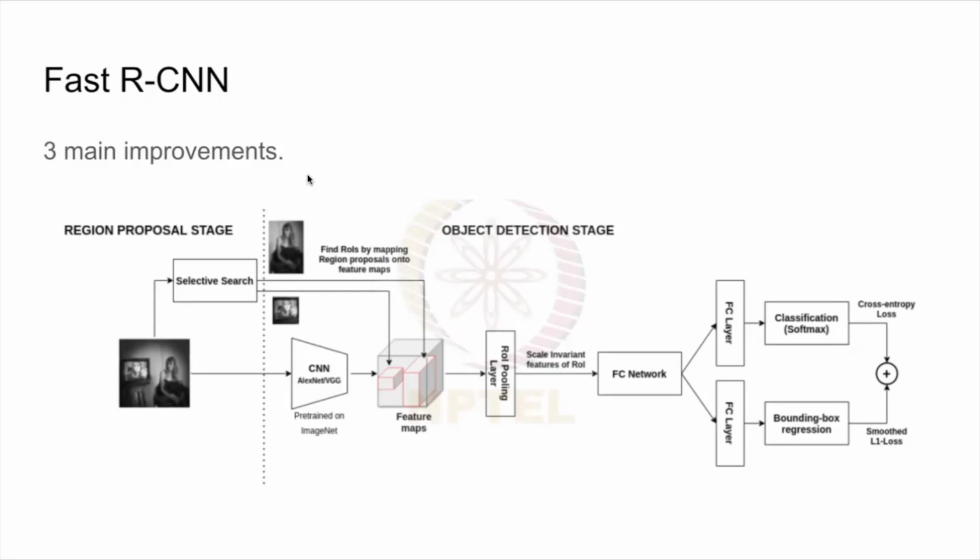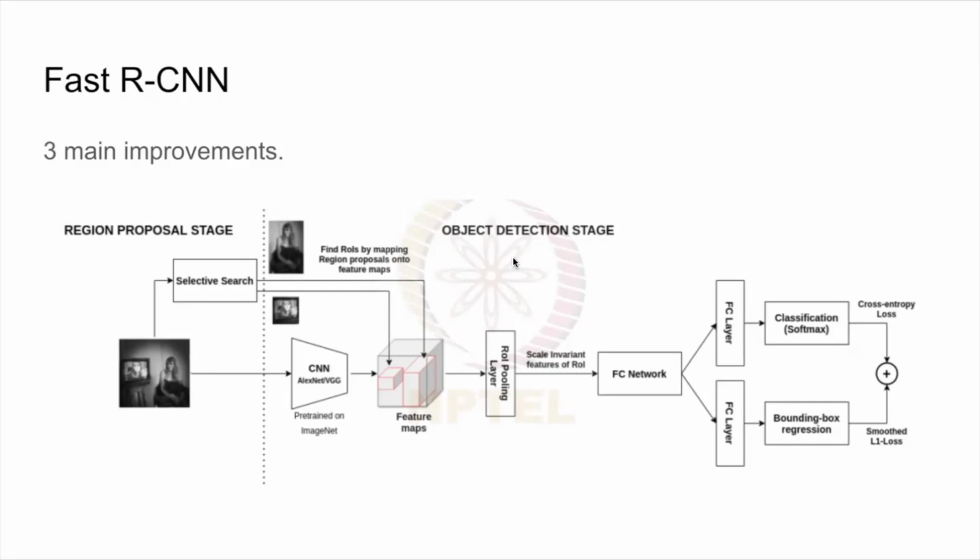Earlier we were using two entirely different FC networks. Now the FC network is the same, a common thing, but the last layer is different. The last FC layer for classification has the same number of neurons as the number of classes. Similarly, for bounding box regression, it will have four.